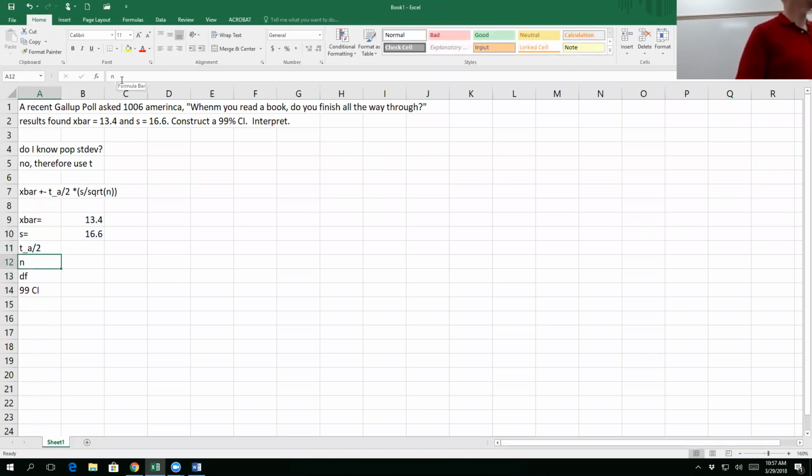What do you know there? We know our N, right? N is 1006. Degrees of freedom, 1005. Then what? Your 99% confidence interval, so yeah.